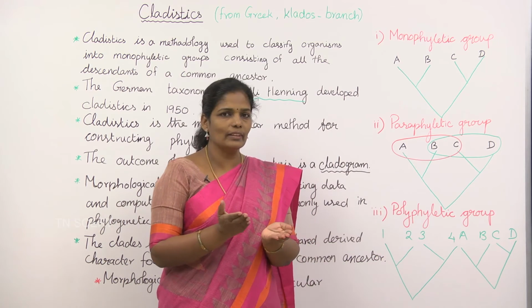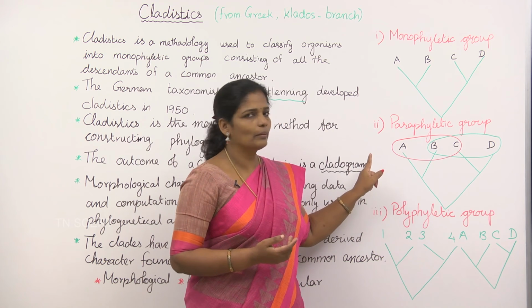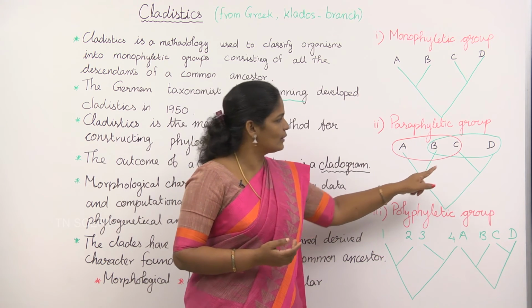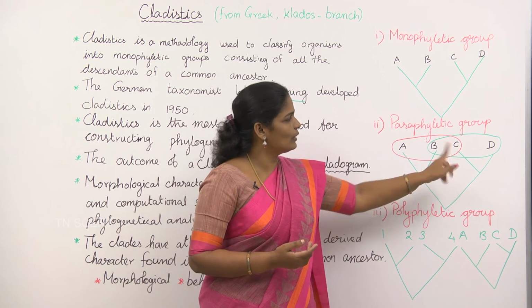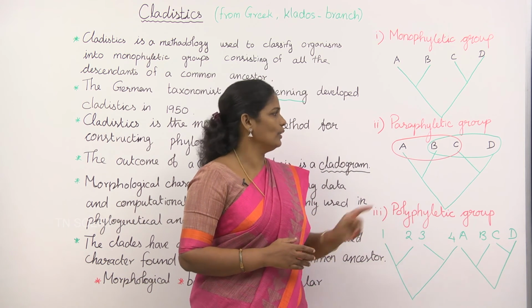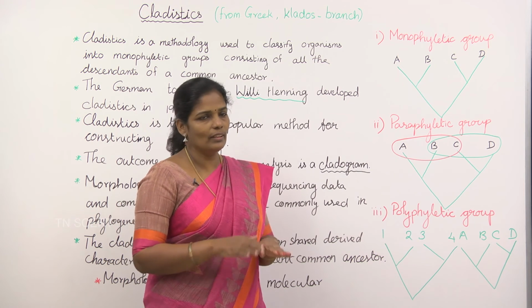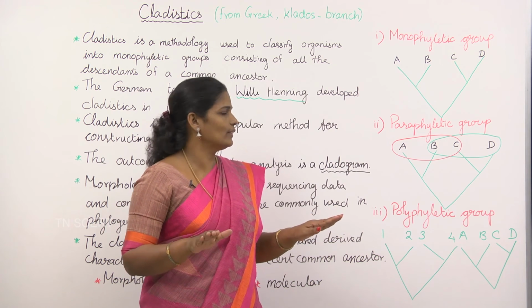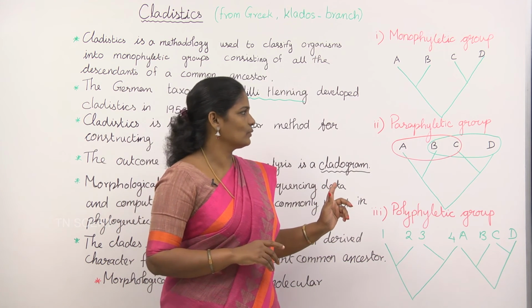So it comes as a complete one, right? But here you see, if you consider A, B, C, is it complete? No, isn't it? So if you include D along with that, it will be a monophyletic group, okay. So a taxon that includes an ancestor, but not all the descendants of the ancestor, is called paraphyletic, okay.